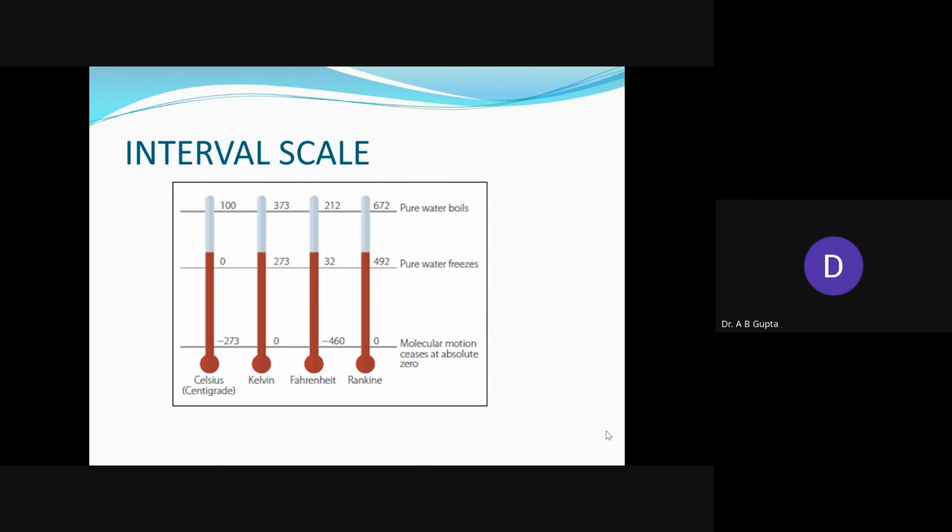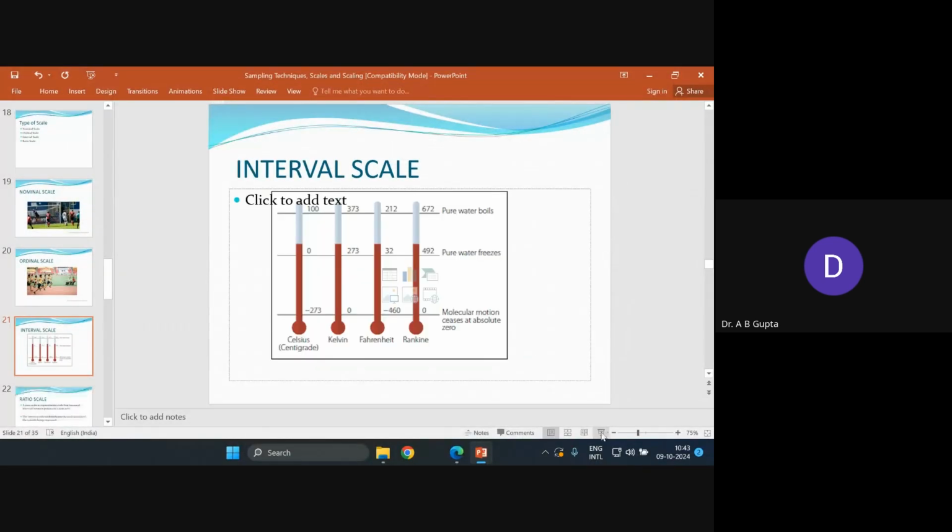This is a very interesting example. For example, you are measuring temperature. This is a very important thing which I am telling you. Let us take the Fahrenheit scale. Our body temperature, you already know, is 98.4, or in the Celsius scale, 36.